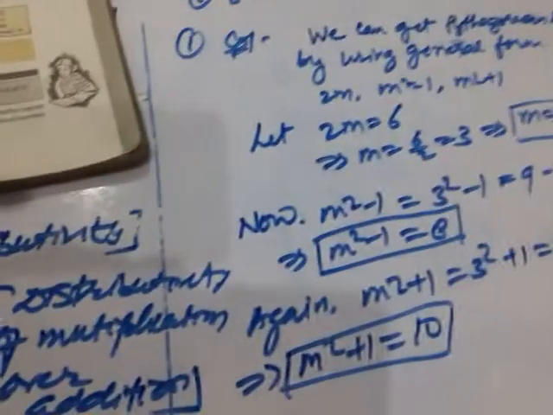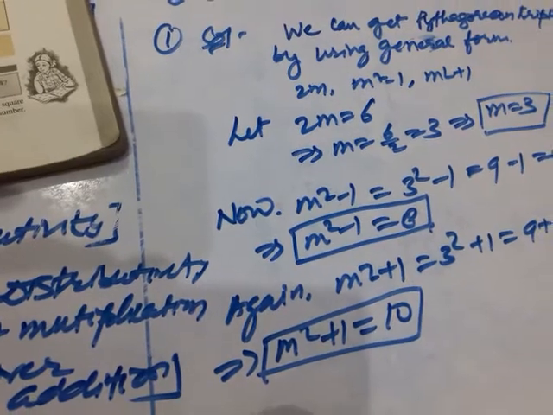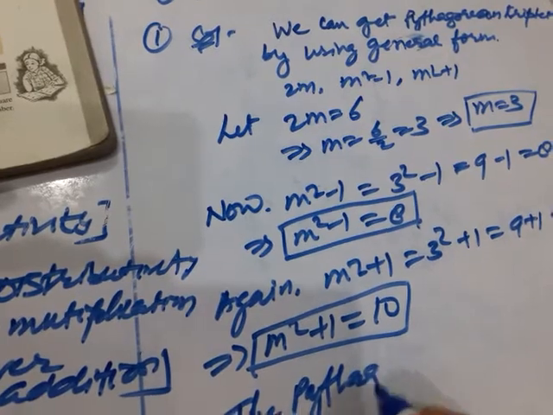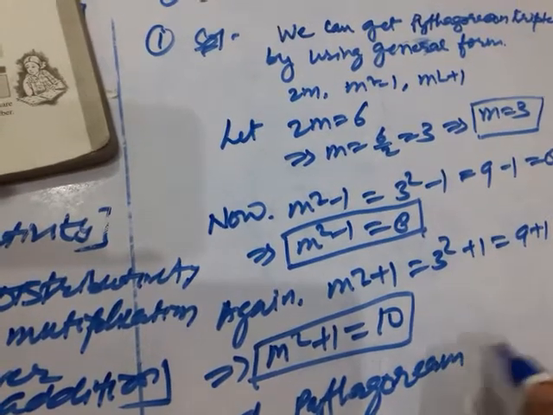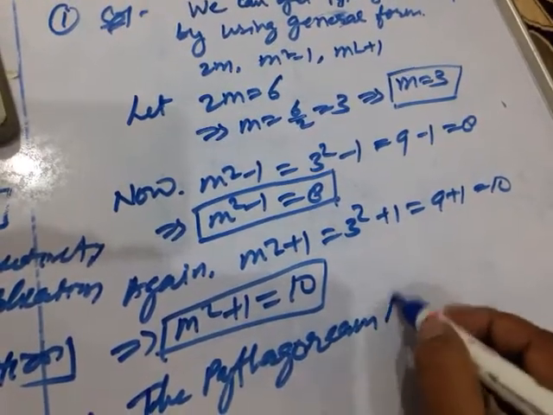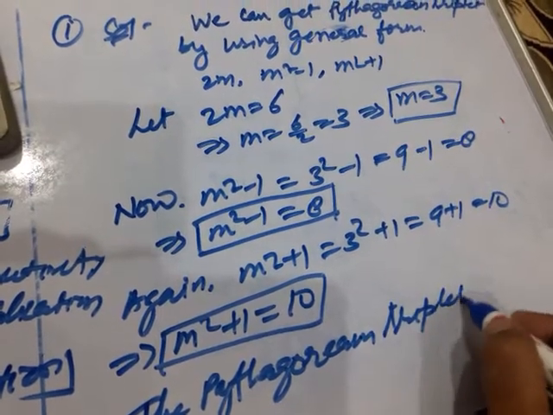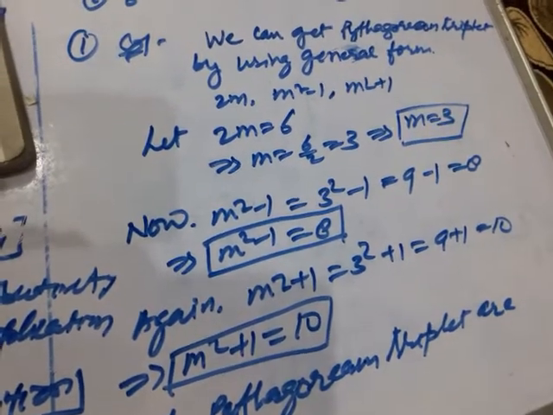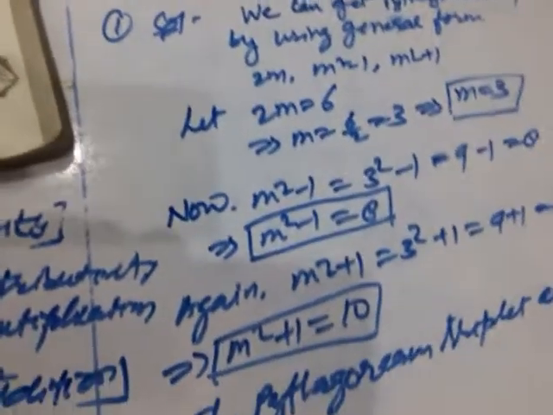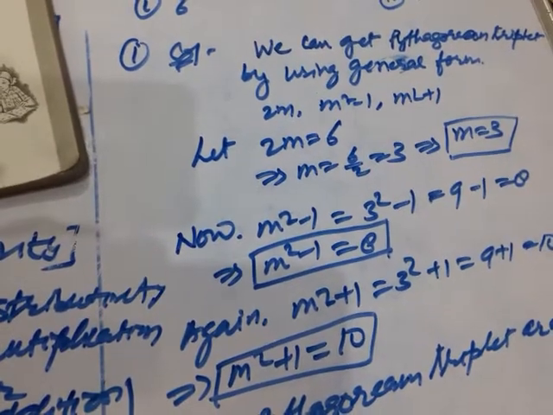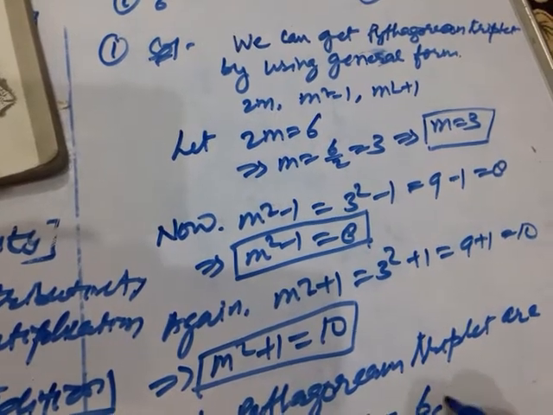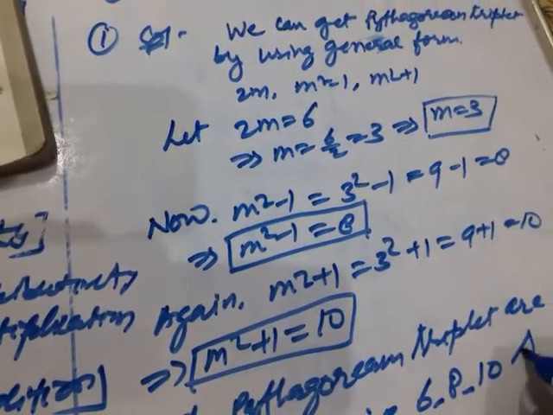The Pythagorean triplet is 2m, that is 2 into 3 which is 6, then 8 and 10. Okay children? So 6, 8 and 10 are a Pythagorean triplet.